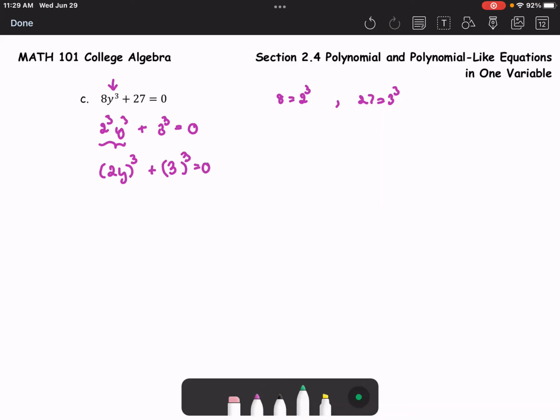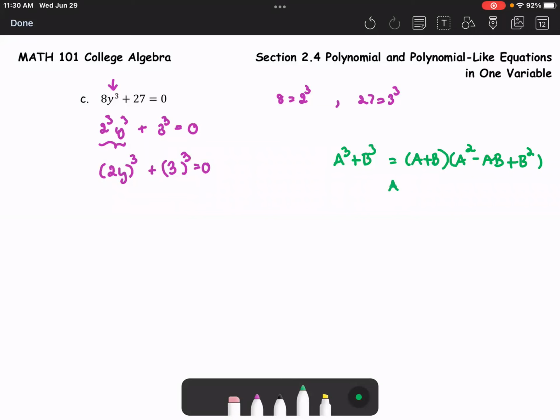So then we can use the formula for the sum of two cubes as a to the third plus b to the third equals a plus b multiplied by a squared minus a times b plus b to the second power, or b squared.